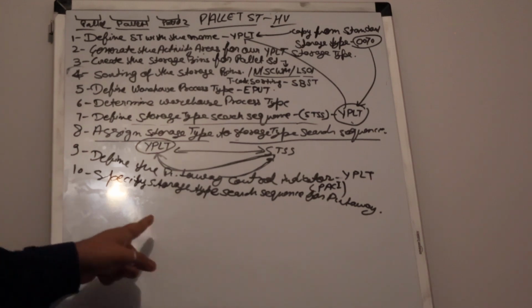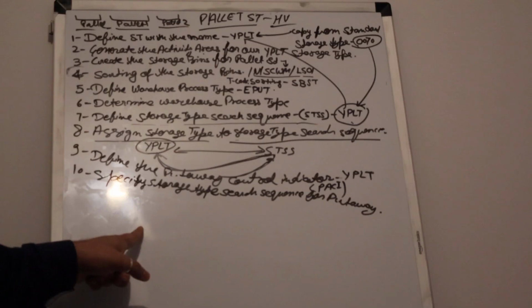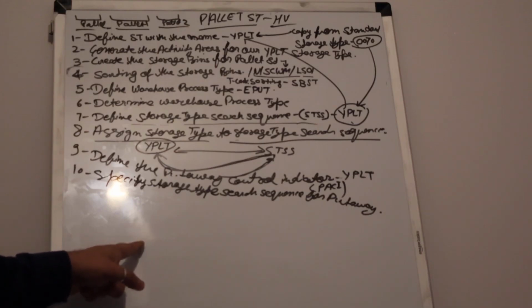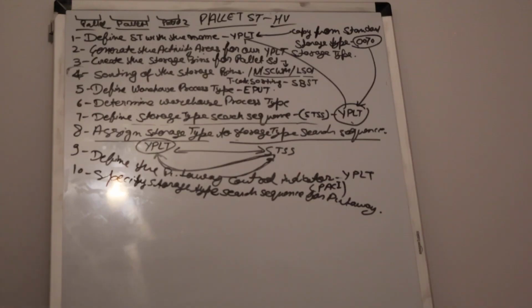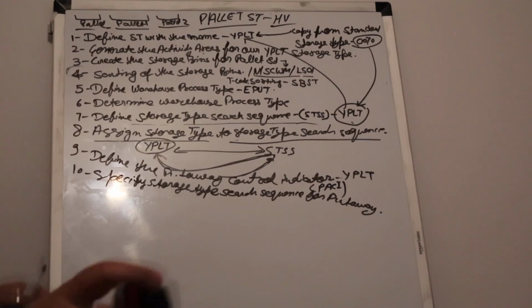Now then we define the storage bin section as 3 and 2, which is for the combination of HU type and storage bin type. Till yet it's here. Then in the 11th point, I will remove this.